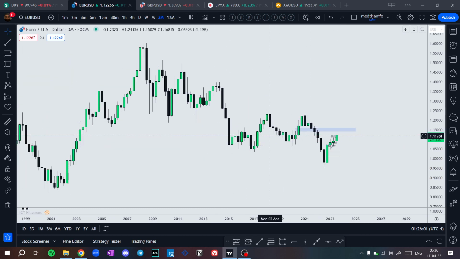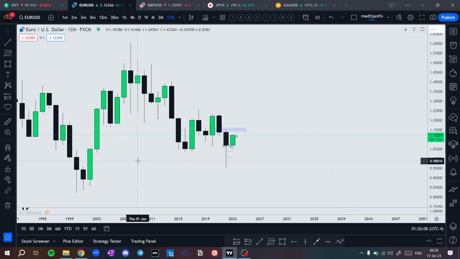But what I'm expecting is price to take this high from a higher time frame, because on the 12-month time frame we see that price has this low, this high of retracement to this order block right here, the order block if you see, and now price is going higher, right?